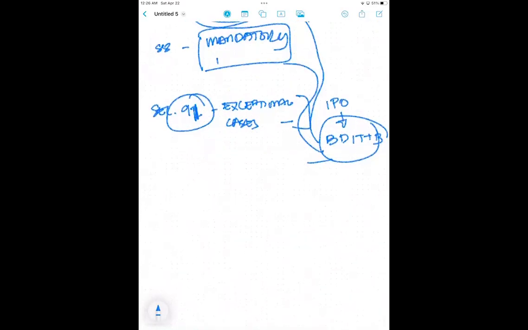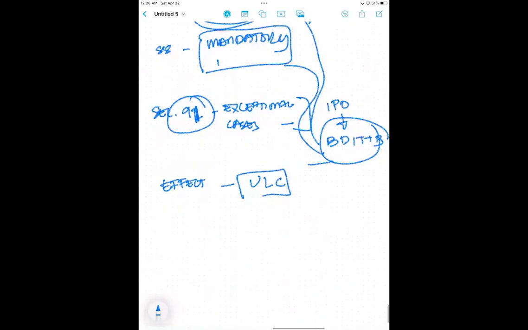Question now is, what is the effect? What is the effect if a voluntary licensing contract fails to comply with Section 87 and 88?